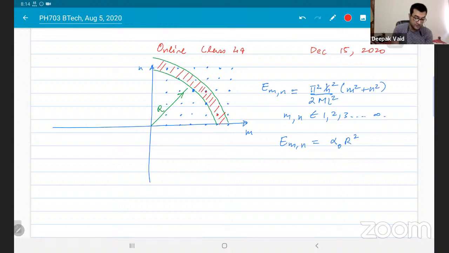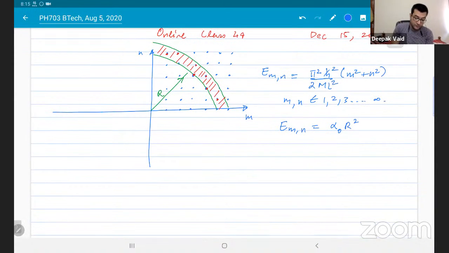I can mark those in red, like this. You can include these points which are on the boundary also. We can get an estimate for how many states lie in that region. So let's say the width of this region is delta r.